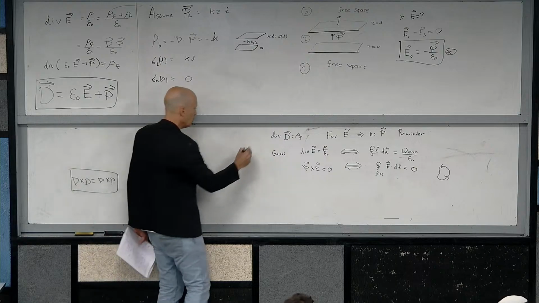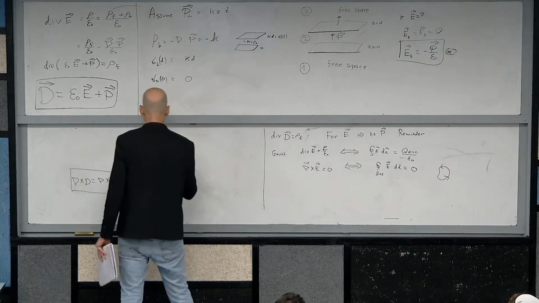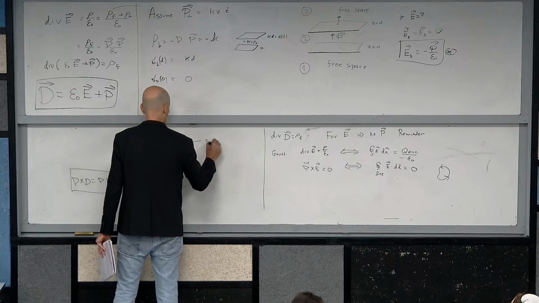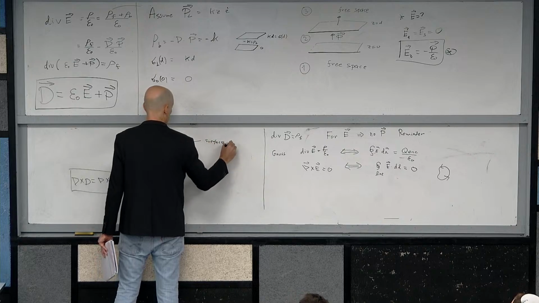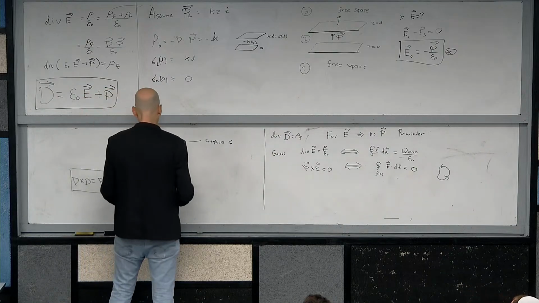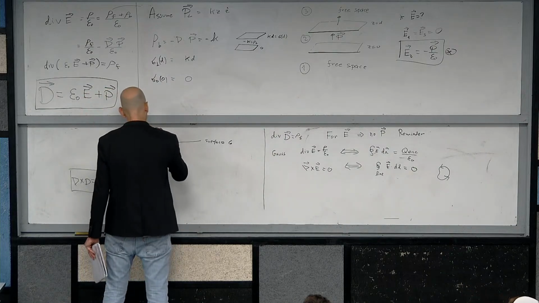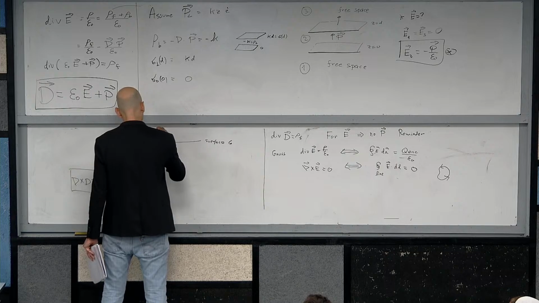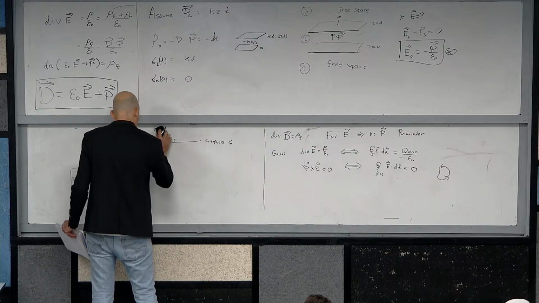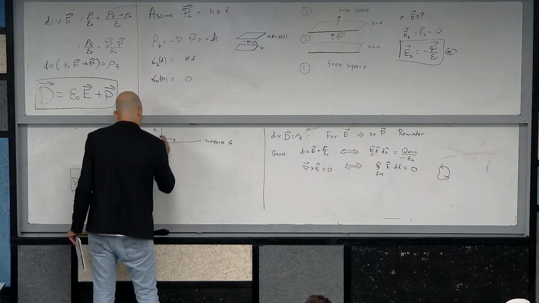So what do we do? We have some surface. On this surface we have some charge density, sigma. And what we are interested in is the following: E1 perpendicular, this is not parallel, this is perpendicular.